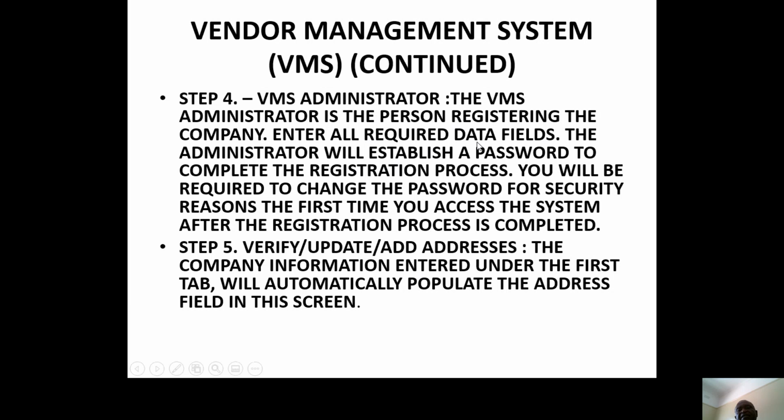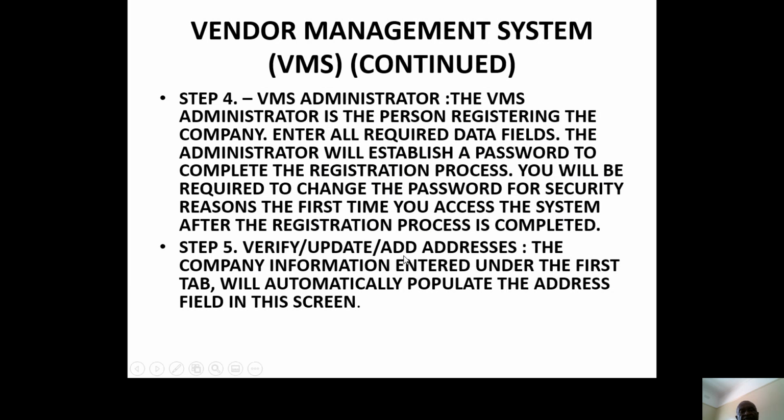In all required data fields, the administrator will establish a password. To complete the registration process, you will then be required to change the password for security the first time you access the system, and then your password is there. Next time, just log in.